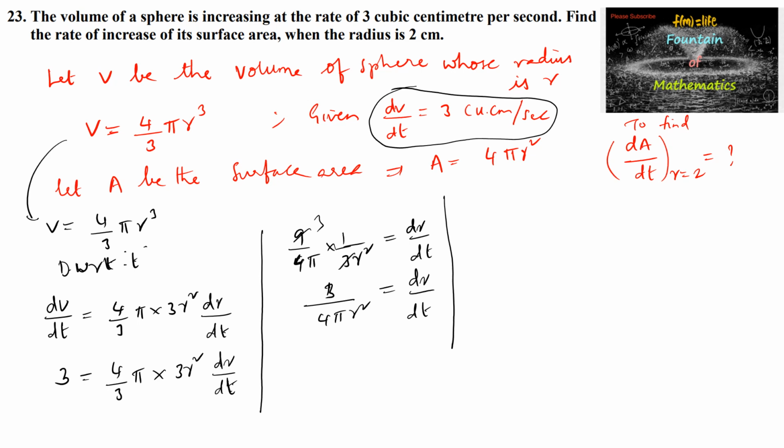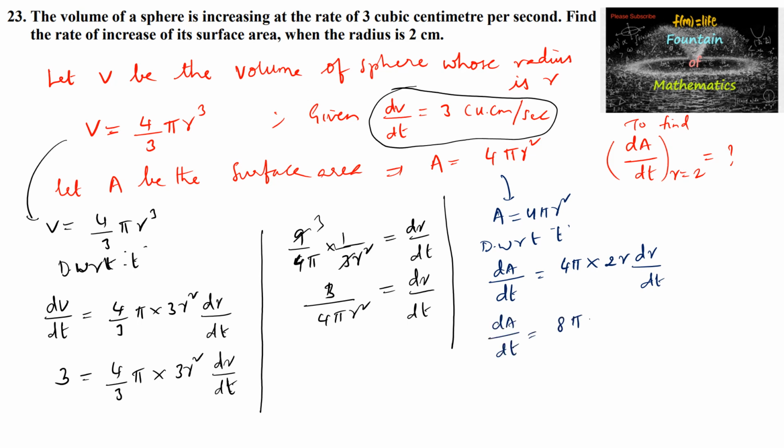Now let us consider surface area. A is equal to 4 pi r square, and again differentiating with respect to t. So we get dA by dt is equal to 4 pi into r square differentiation 2r dr by dt. So dA by dt is equal to 8 pi into r into the dr by dt value; let us substitute here 3 by 4 pi r square.